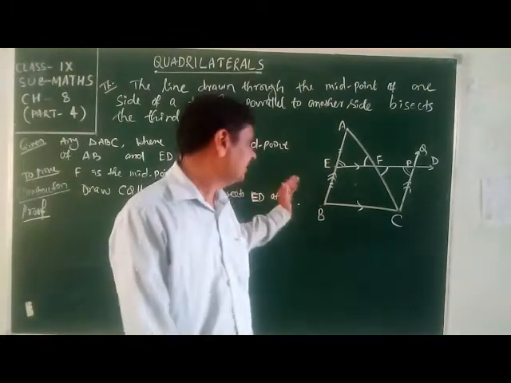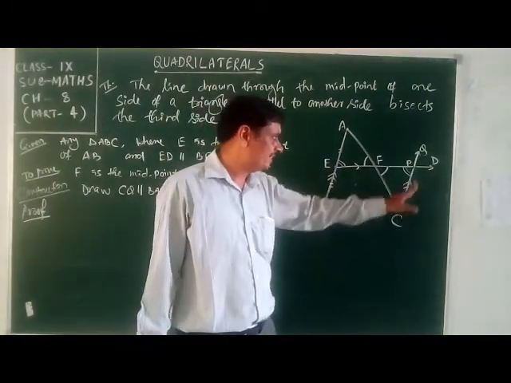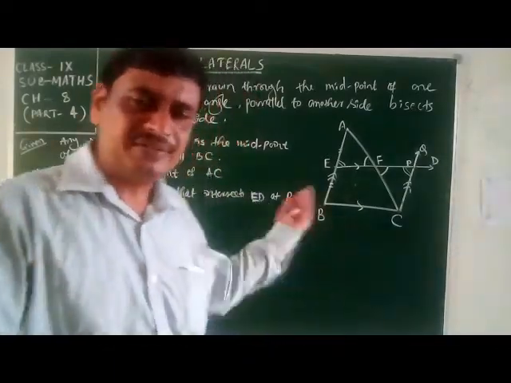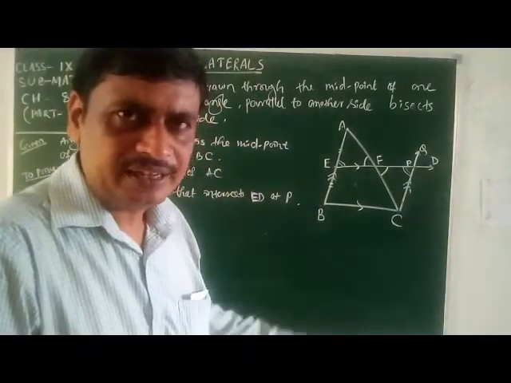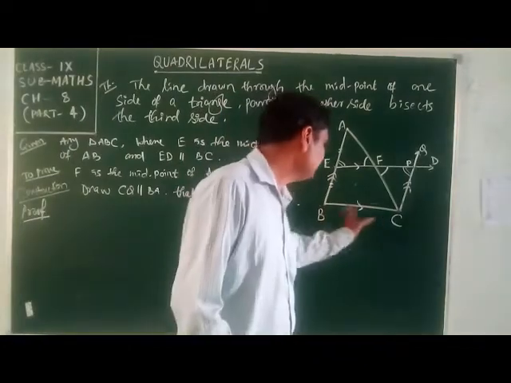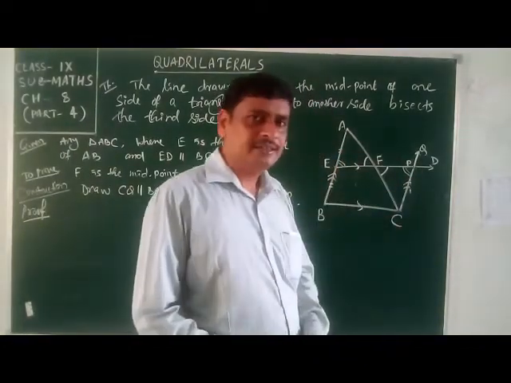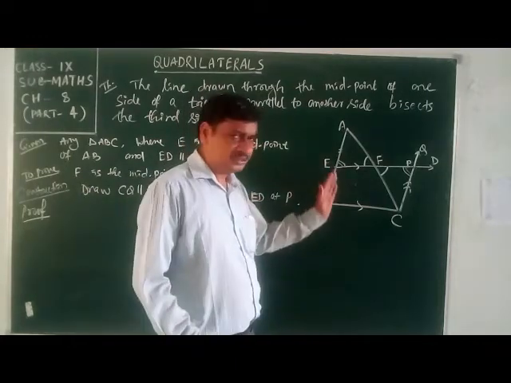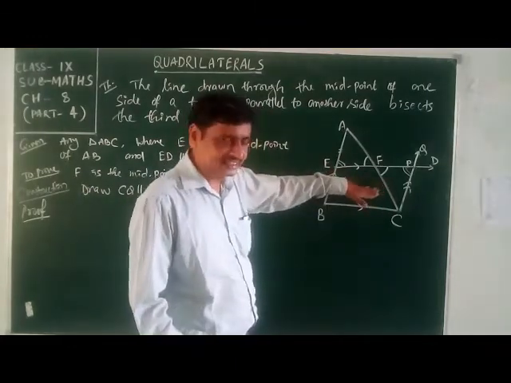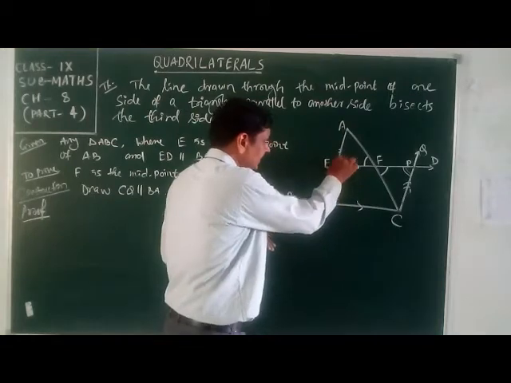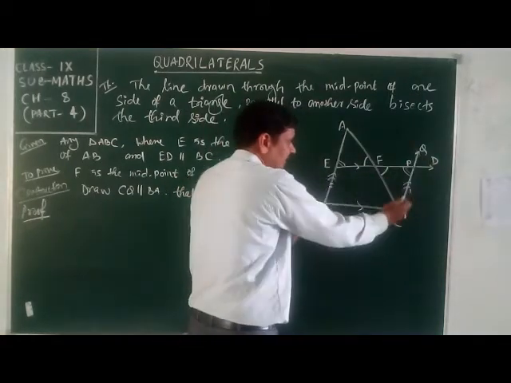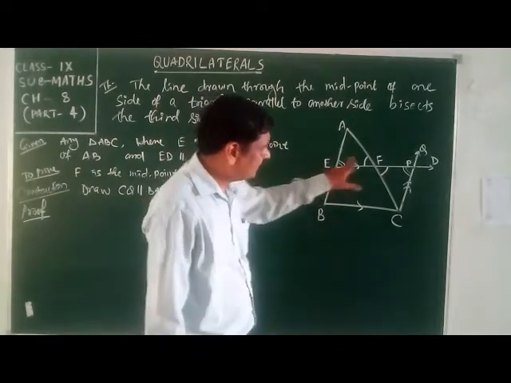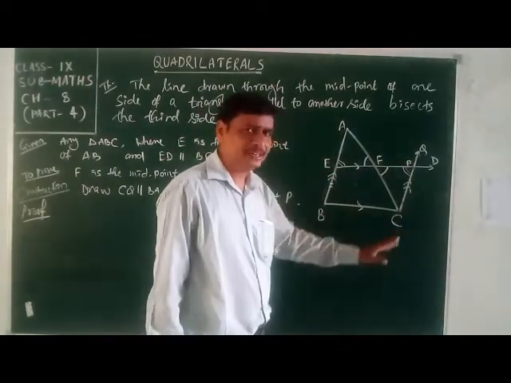Just come to this BCPE. In our previous theorem, it is proved. This BCPE is a parallelogram. How is it a parallelogram? In this condition, this AB and QC are constructed parallel and it is given ED and BC parallel.